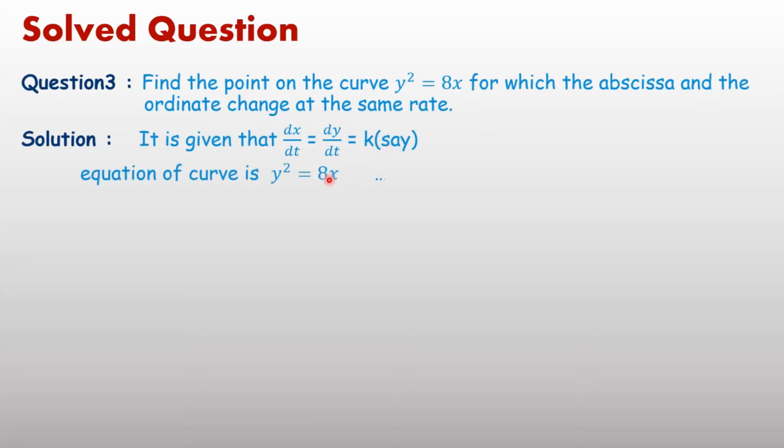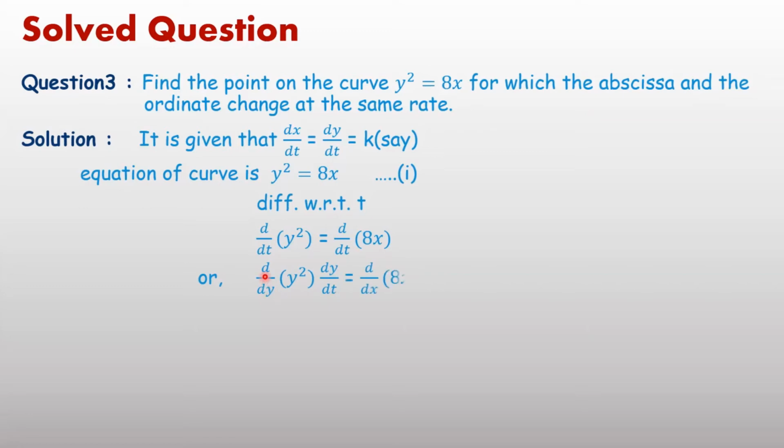And the given equation of the curve is y square equal to 8x. Differentiate with respect to time: d by dt of y square equal to d by dt of 8x. Or apply the chain rule, d by dy of y square into dy by dt equal to d by dx of 8x into dx by dt. 2y, the value of dy by dt is k, equal to 8, the value of dx by dt is k.